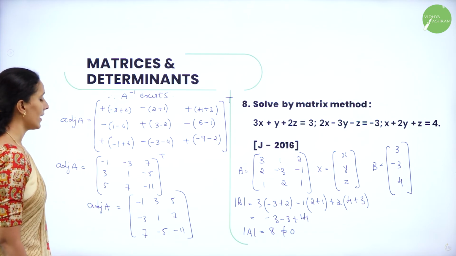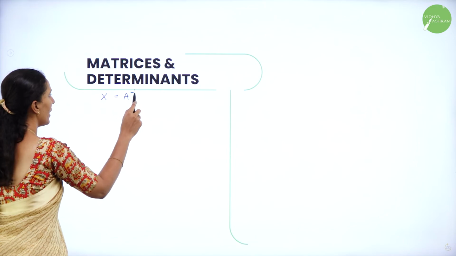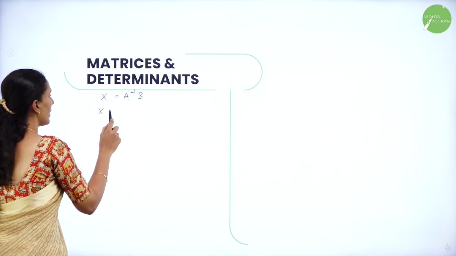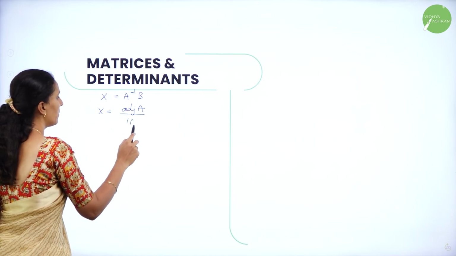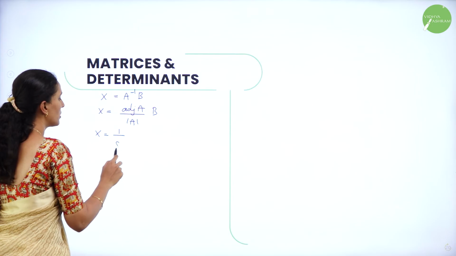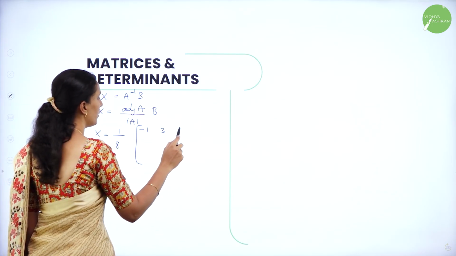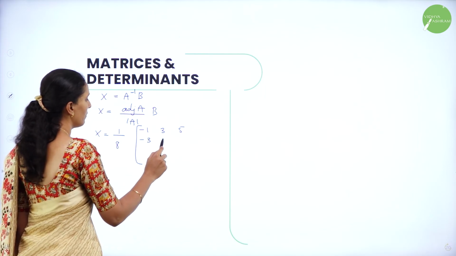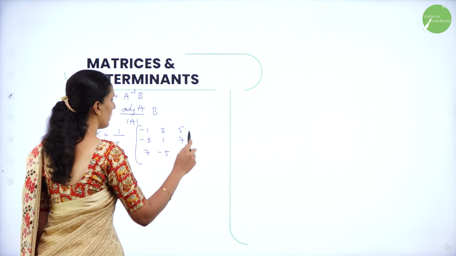So now let's take X. We have X is equal to A inverse B. X is equal to adjoint A divided by determinant A into B. So let's take determinant A out. Write the adjoint A. Minus 1, 3, 5. Minus 3, 1, 7. 7, minus 5, minus 11.